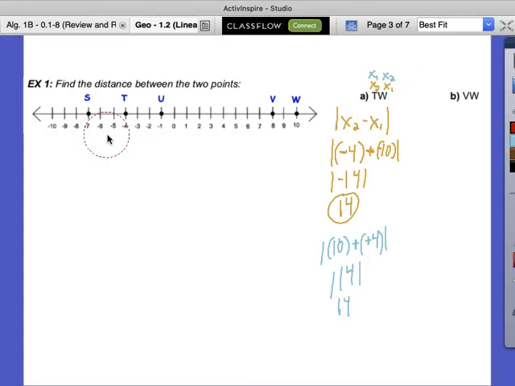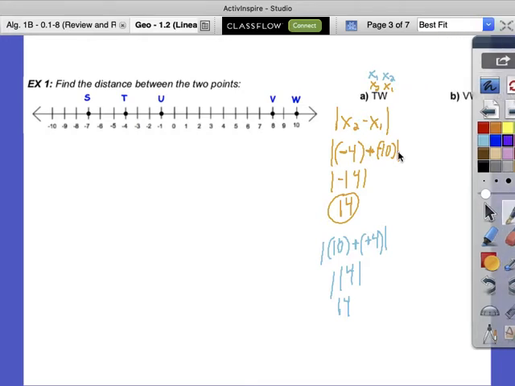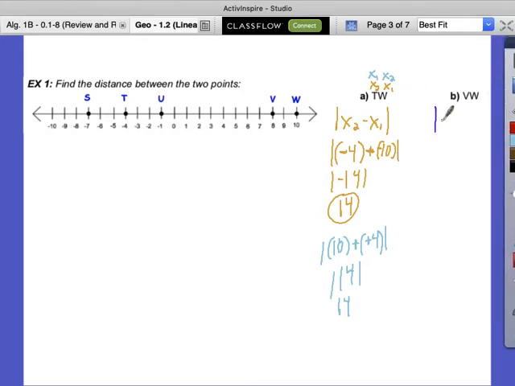All right, let's go and talk about this one up here. Some of us might have just counted right away and known it, okay? Others of us might have gone through the absolute value portion and said, I'm going to do one of them minus another. So maybe you did the absolute value of 10 minus 8, and said, okay, that's 2.